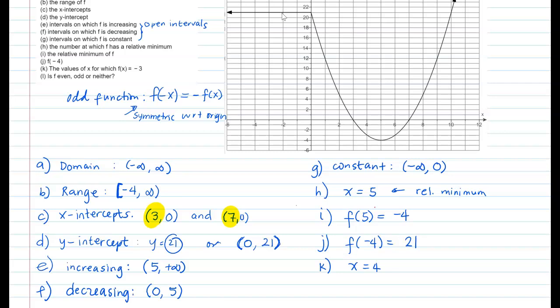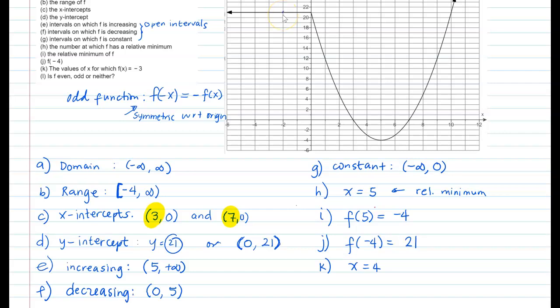For instance, this point here, -2, 21. Do you get the point +2, -21? Is the point +2, -21 also on the graph of the equation? The answer is no, right?